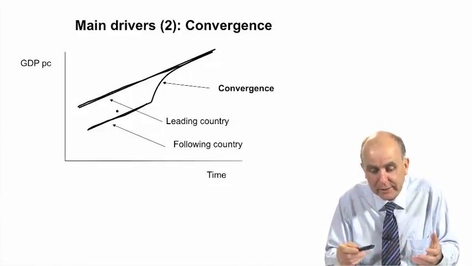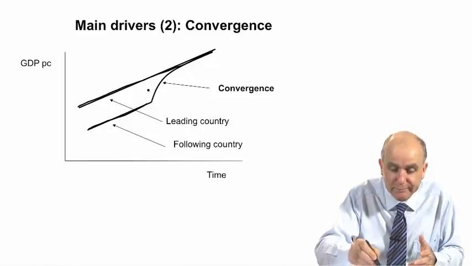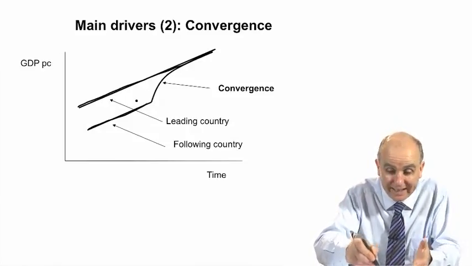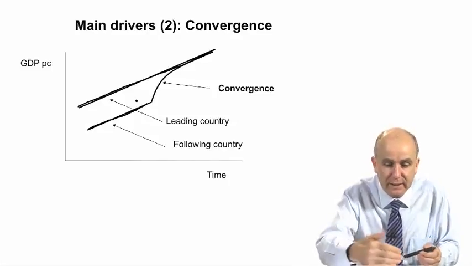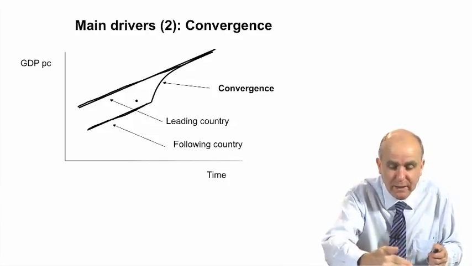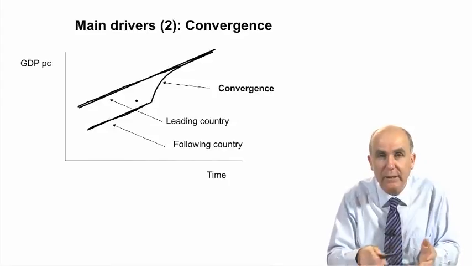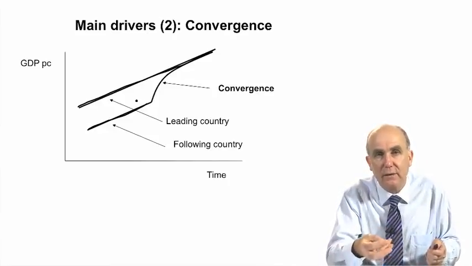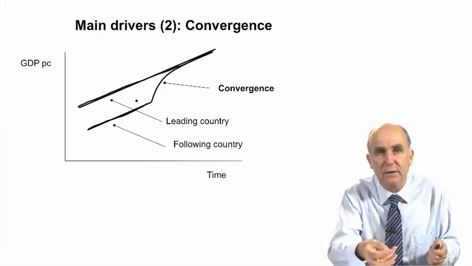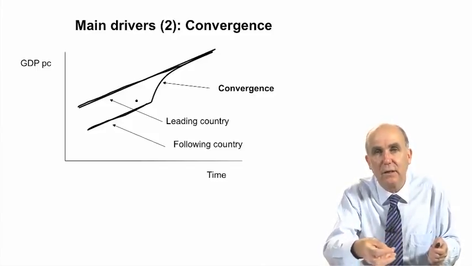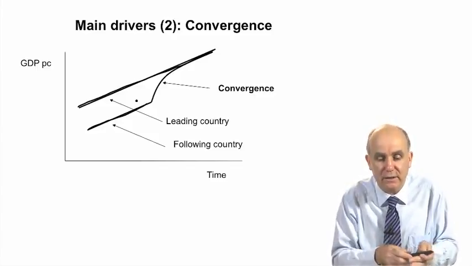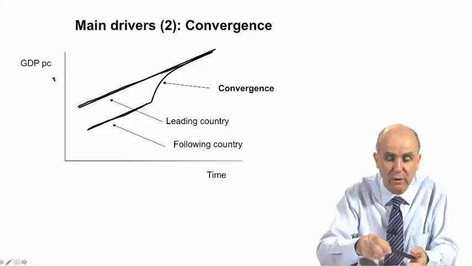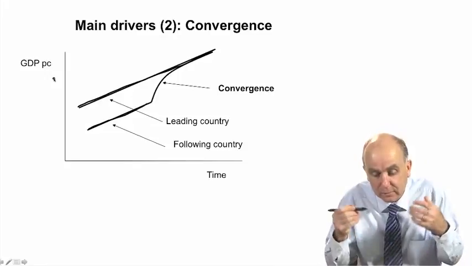But at some point, the following country can start to adopt technologies which are being used in the leading country. The reason the leading country has GDP per capita above the following country, or one major reason, is likely to be the types of production technologies that it's using. It's using more efficient, better production technologies. That's why it's getting more output per member of the population.